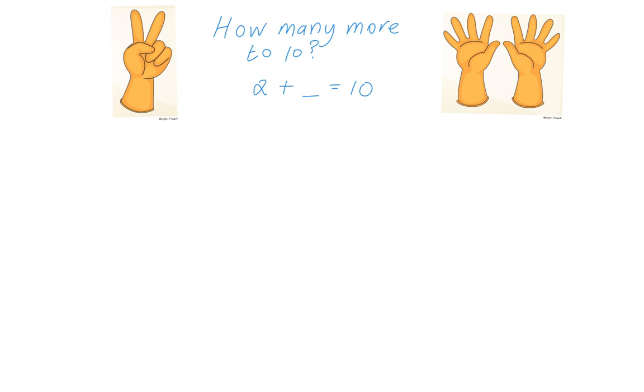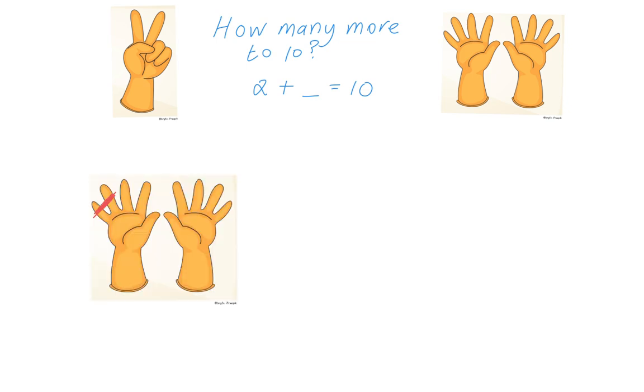And here I want to suggest that we use our anchor point of 5 for those students who do not have their rainbow facts or number partners to 10 intact. We can give them this strategy of get to 5.